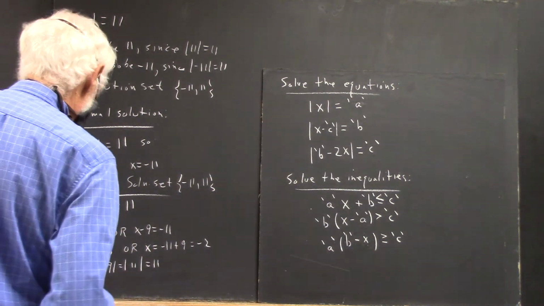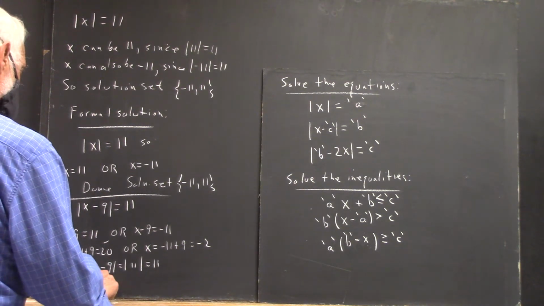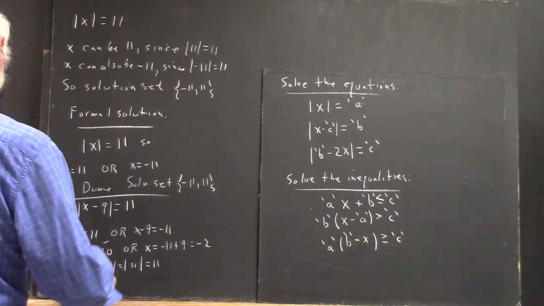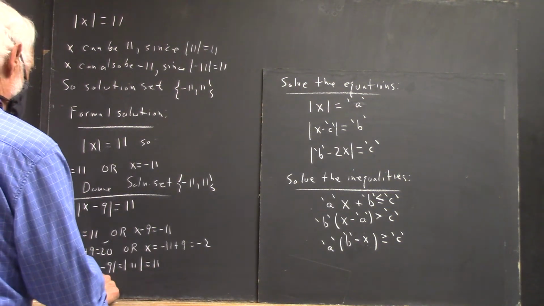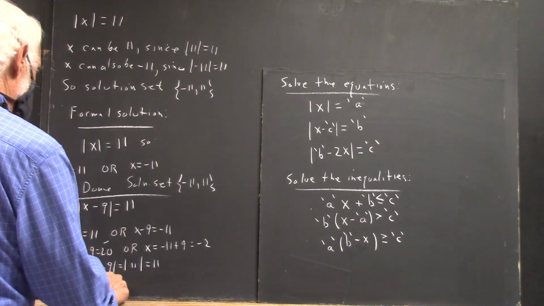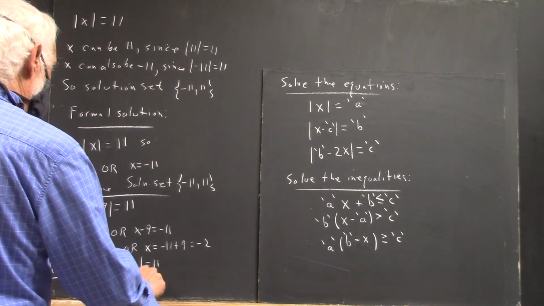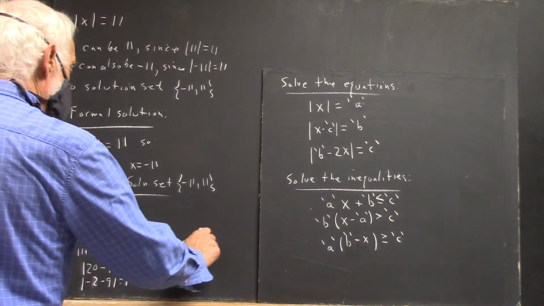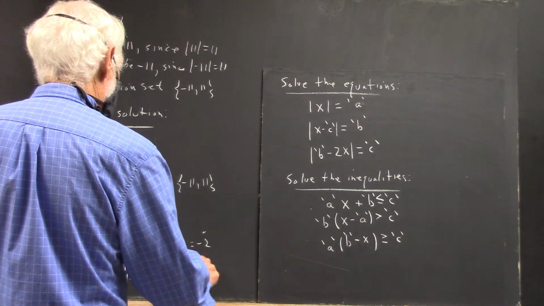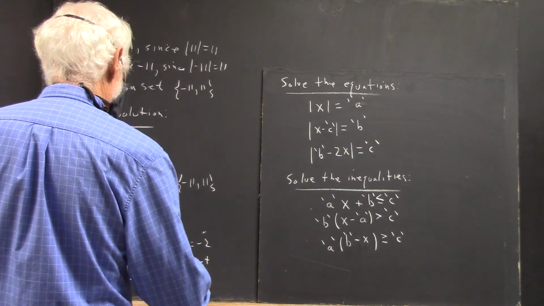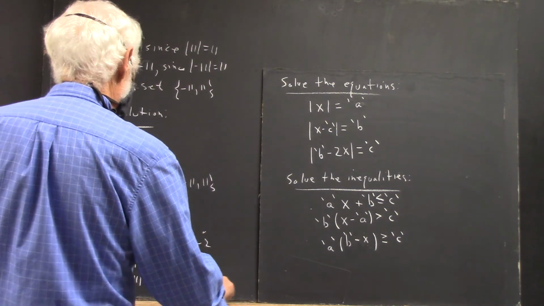And then the absolute value of negative 2 minus 9 equals, well, negative 2 minus 9 is negative 11. So that one checks. So our solution set is negative 2, 20.